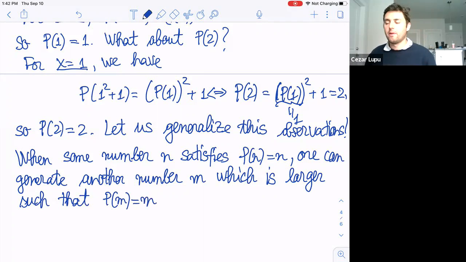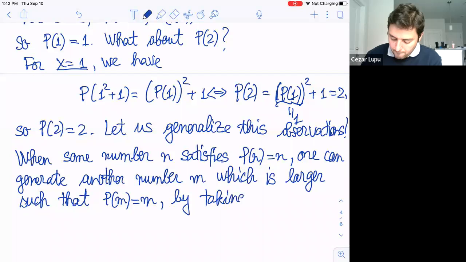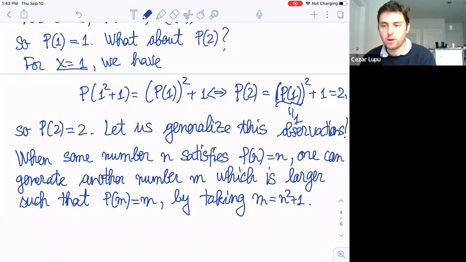It's quite clear, and let me be more specific here. How do we generate this larger number? By just taking m equals n squared plus 1. It's obvious that n squared plus 1 is greater than n, so again we can generate another one.